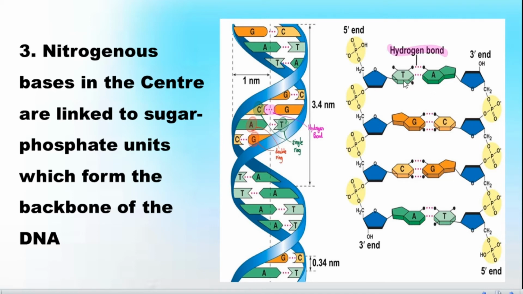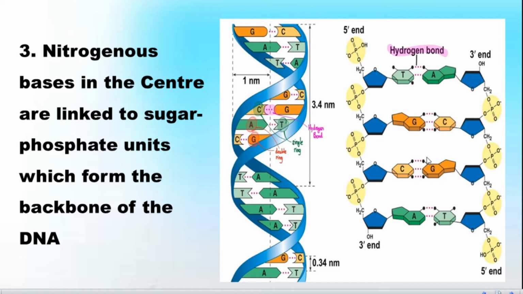So adenine, thymine, guanine, cytosine, guanine, adenine, thymine. Already we told that these are purines and pyrimidines. That's a detail we are going to study later. First, from these points, we should know which is the backbone of the DNA.